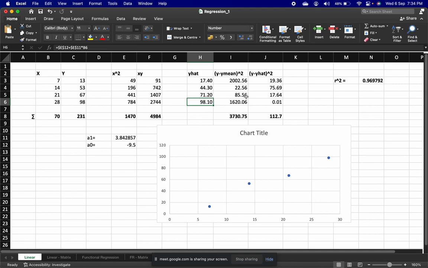In the sum of squared errors, we require a difference from the actual value, that is your y value, and take a square of it. So that's what I am doing in this column for each data point, and then I am summing it up here. This will give me SE. That is one part of your R square.